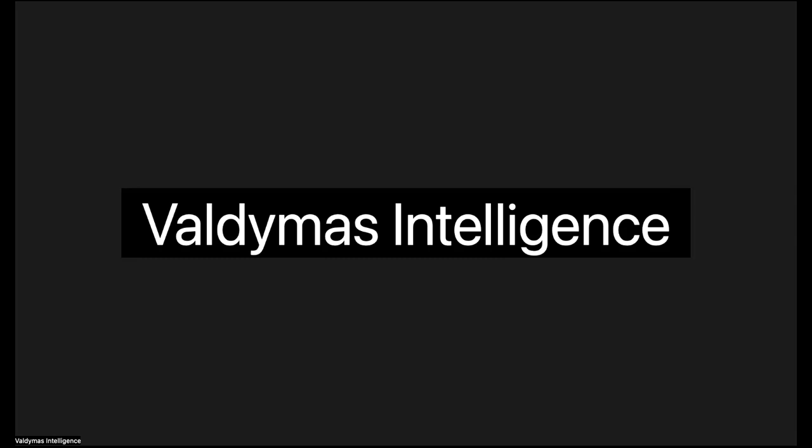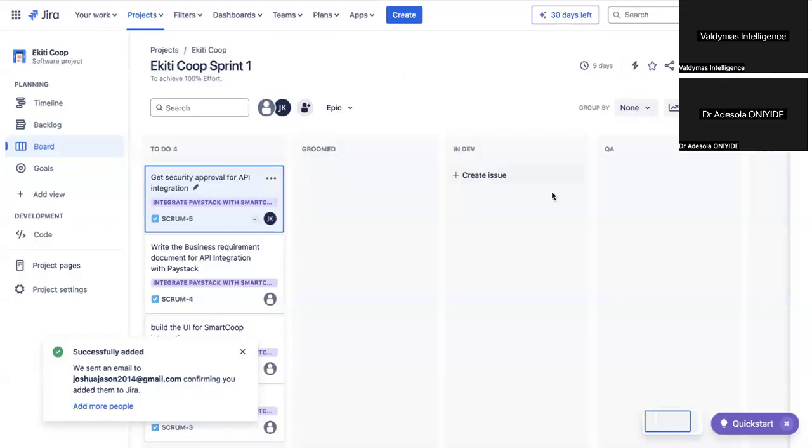So let me now go back. I'll share my screen now and then go back to our, okay, let me first get the Jira page. Share. Okay, you should be able to see my screen now.